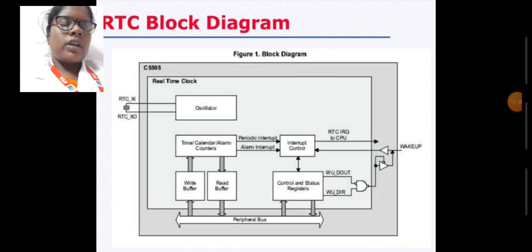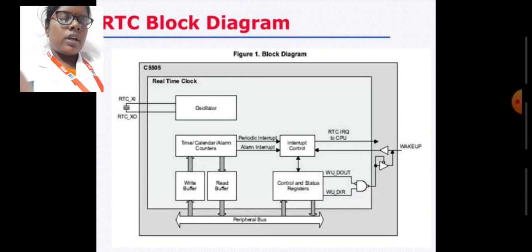Here is a block diagram of RTC. First, the input message is given into the oscillator. Then it is given into the timer or calendar alarm columns, and through the buses it has a write buffer and read buffer.